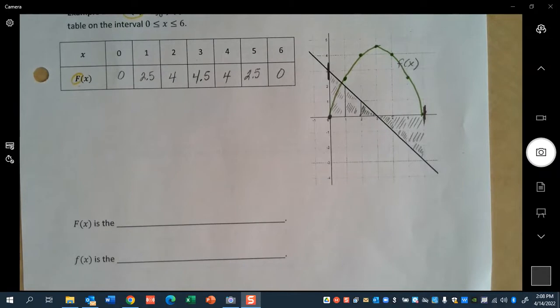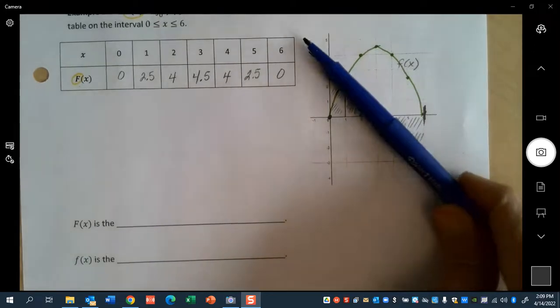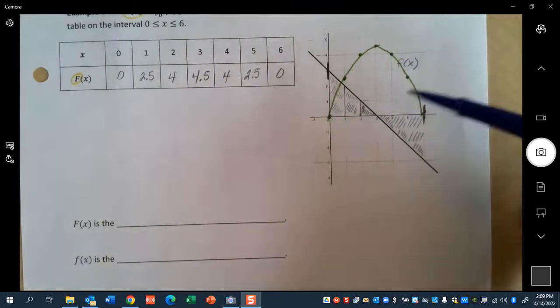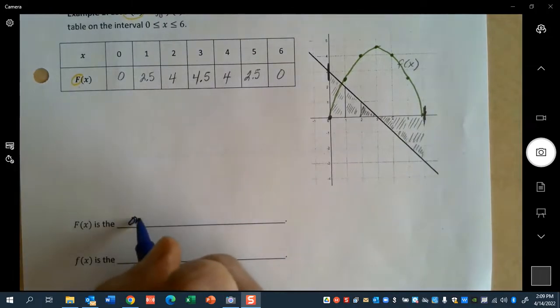Think back to the charts behind Caitlin. It's the derivative. It's not the derivative. It's a different word. Here's my derivative. What's this first one? That's my original function.